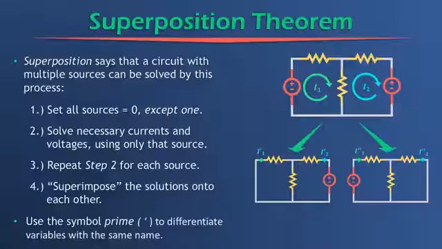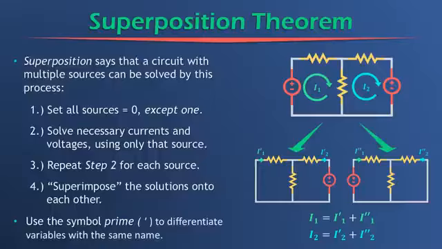And then in the right circuit over here, we've taken out this voltage source. And we solve for I1 double prime and I2 double prime. And then, at the end, the big finale, to actually find the real value of I1, all you do is add up I1 single prime plus I1 double prime, and you get the actual value for I1. Same thing for I2. So that's the process.